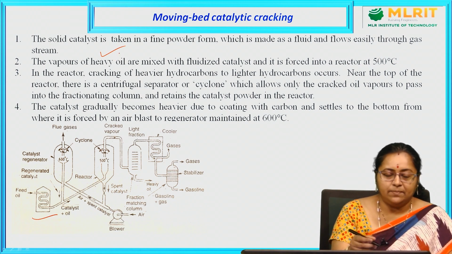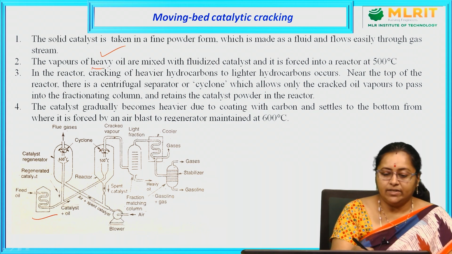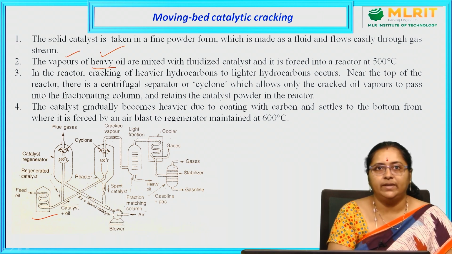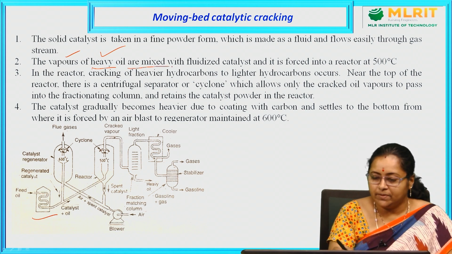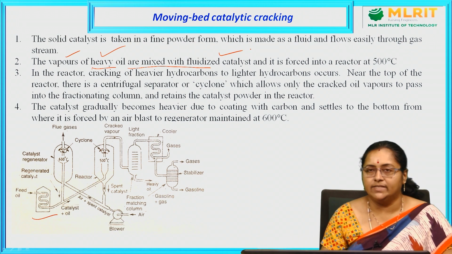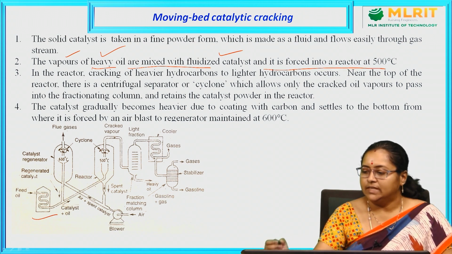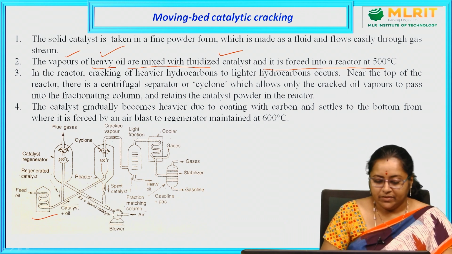After allowing the passage into that retort, which is maintained at 300 degrees centigrade, it immediately evaporates so that its vapors are released. Now these vapors, mixed with the fluidized catalyst, are forced into a reactor which is maintained at 500 degrees centigrade.